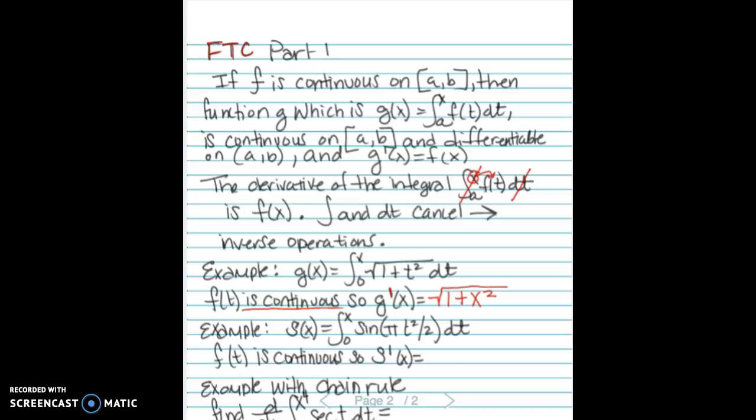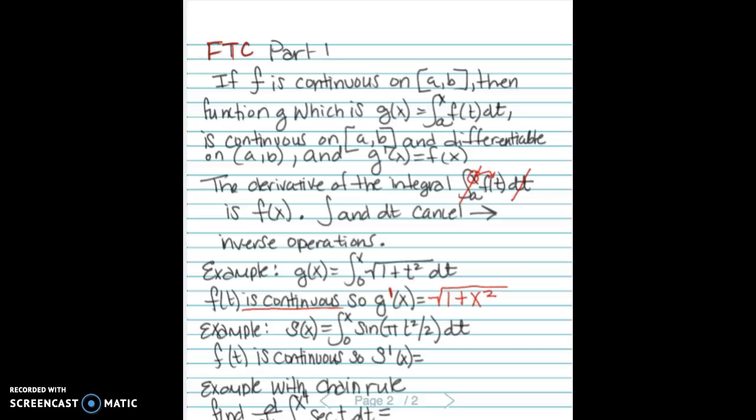Okay. Second example, s of x equals the integral from 0 to x of sine of pi t squared over 2 dt. We know that f of t is continuous because sine functions are continuous.